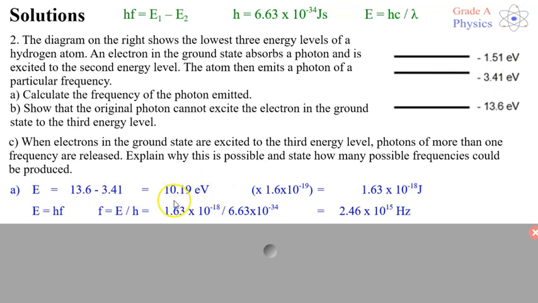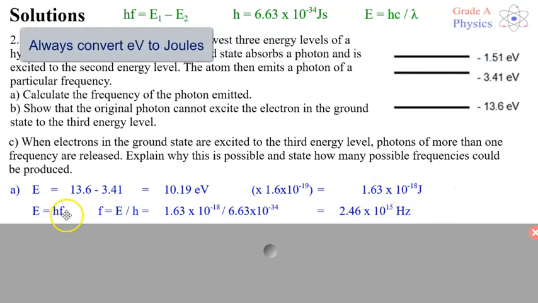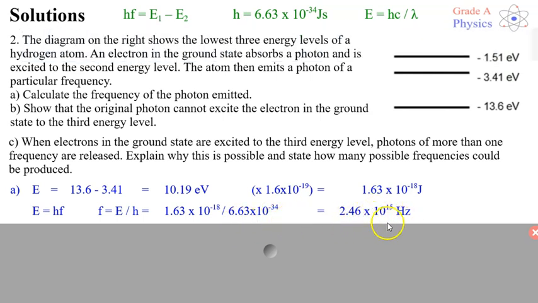So the difference is 10.19 eV. We need to convert that into joules, so multiply by 1.6 times 10 to the minus 19, and that is our value in joules. And then we're trying to find the frequency, so we know E equals hf. Make f the subject, so it's going to be your previous answer divided by the Planck constant, and we get our frequency as shown, 2.46 times 10 to the 15.